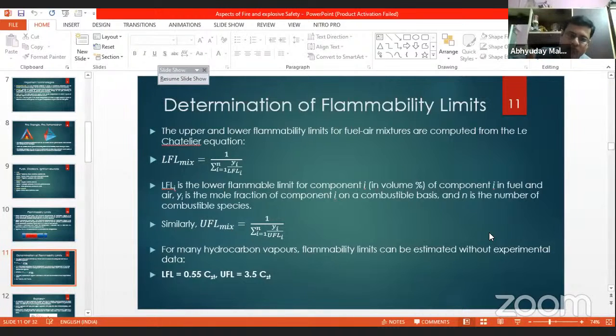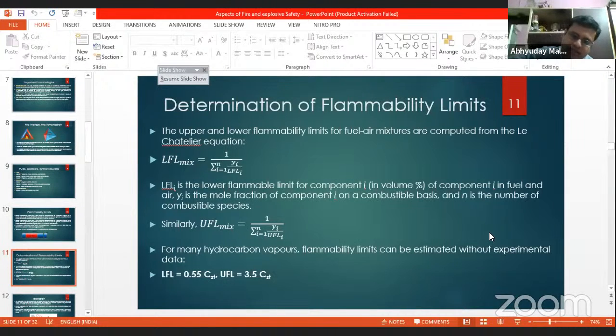For propane, it will be 1.5 by 5, not 1.5 by 100 or 2 by 100. The mole fraction in this equation has to be calculated taking the basis as the combustible substances and not the total mixture. Similarly, the upper flammability limit of the mixture is given by a similar equation, and these equations can be used for estimating the lower and upper flammability limits for a mixture of combustible substances with air.